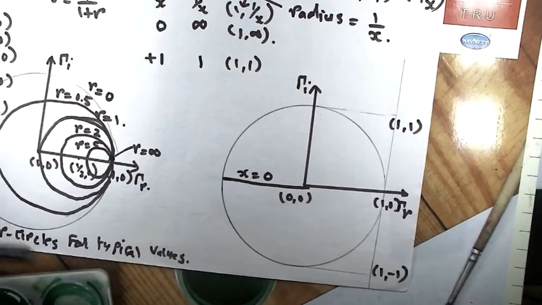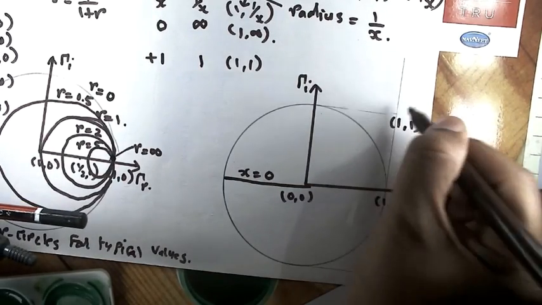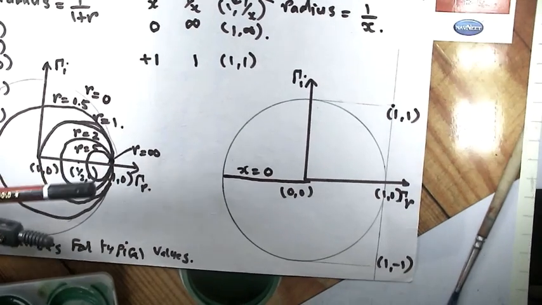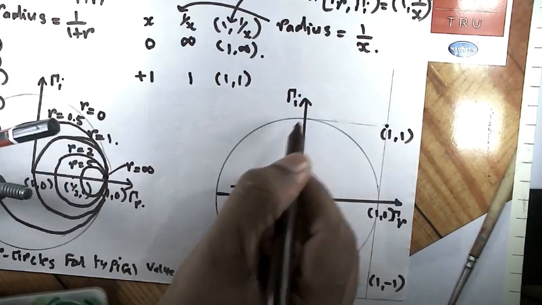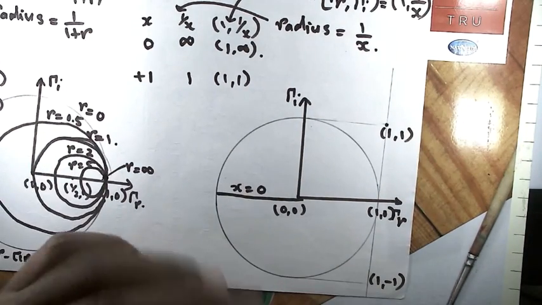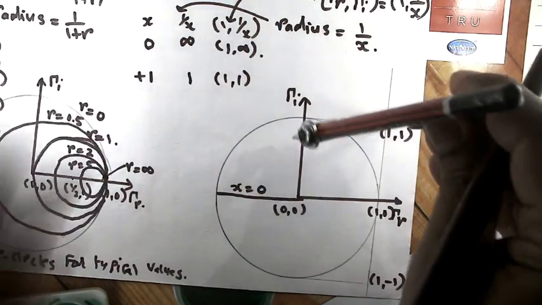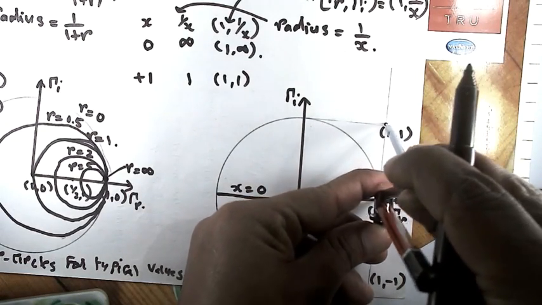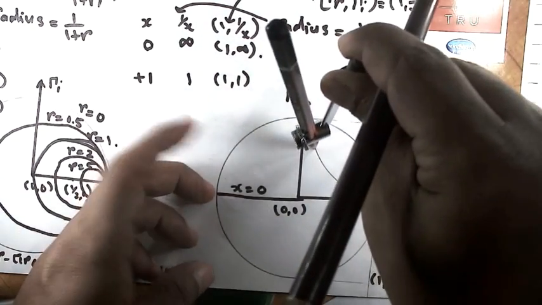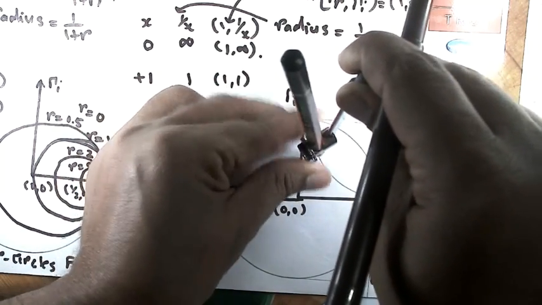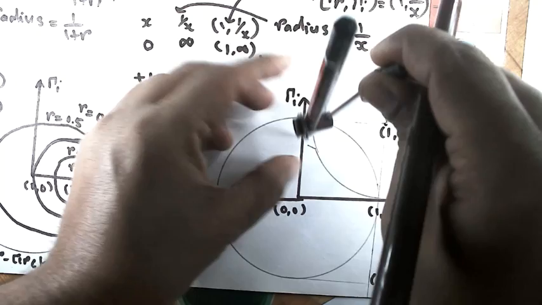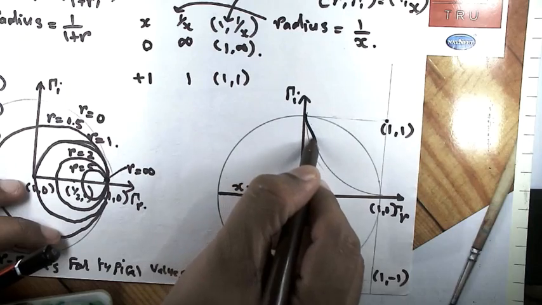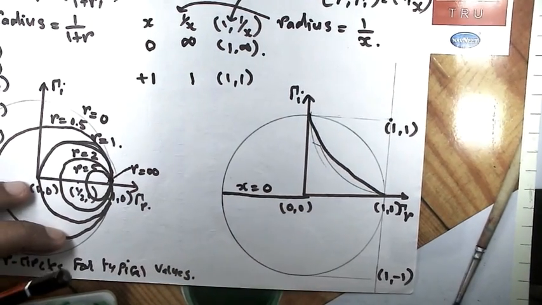So for this case, if I draw the circle which is centered at (1, 1) and has a radius equal to 1, then it may be possible that I have such a circle. Because I have not drawn it accurately, the circle may be in this way.